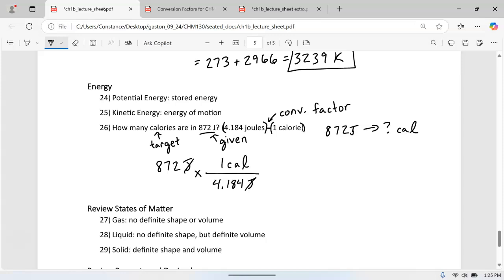Joules cancel. I'm left with the calories, which is my target. My given information is 3 sig figs, so my final answer should also be 3 sig figs. That rounds to 208 calories.